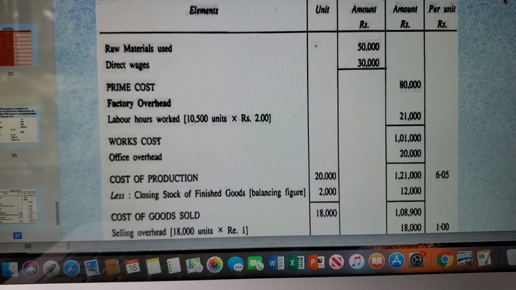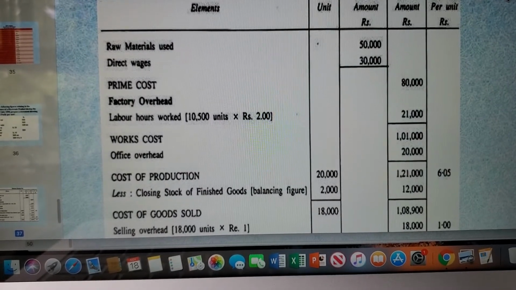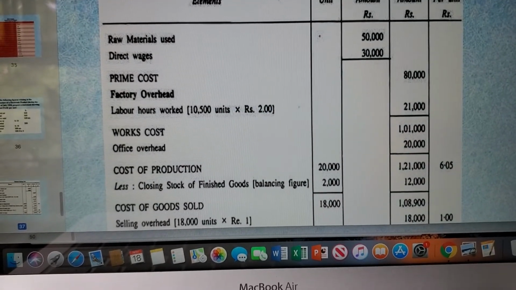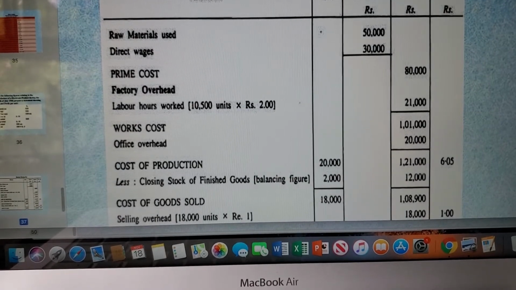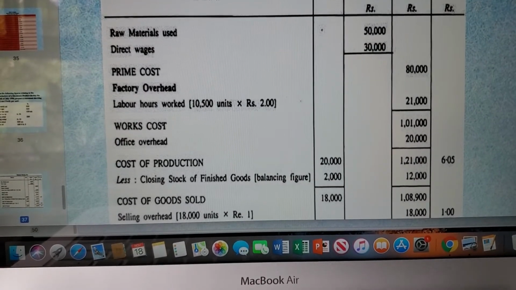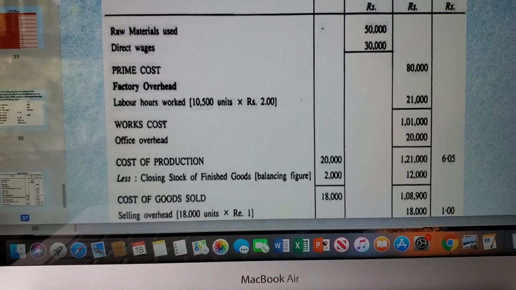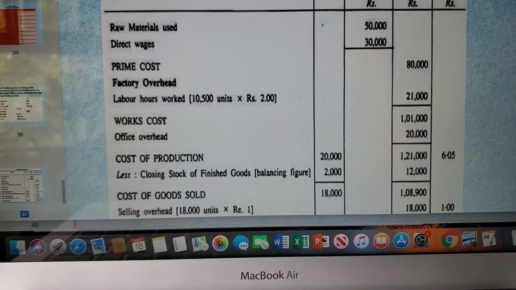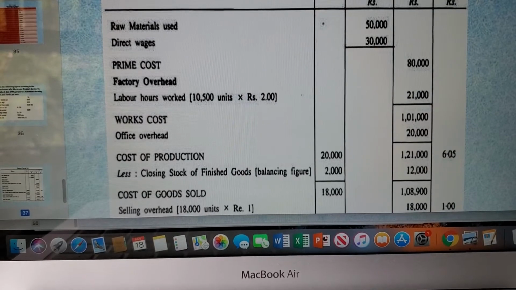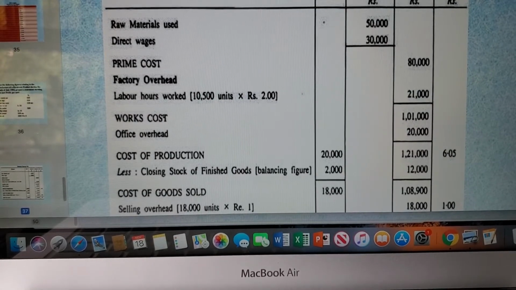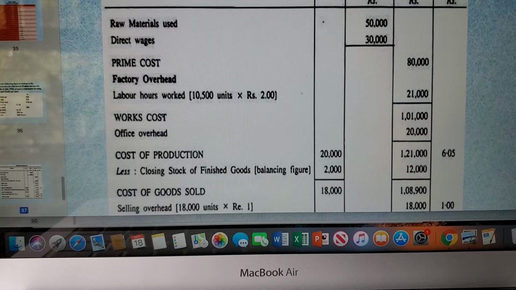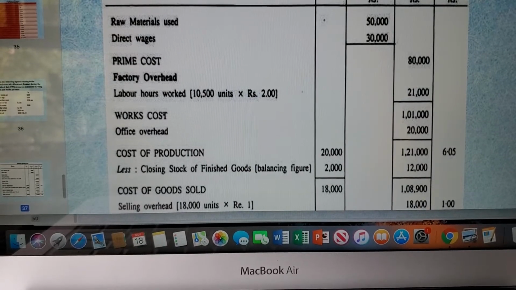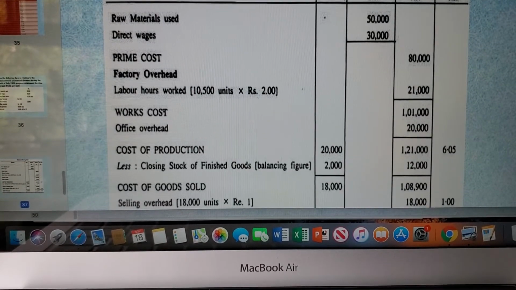Next, factory overhead. Labor hours worked, 10,500 units into rupees 2 comes to 21,000, which you write in the fourth column. So the total works cost comes to 1,00,000, which you write in the fourth column.